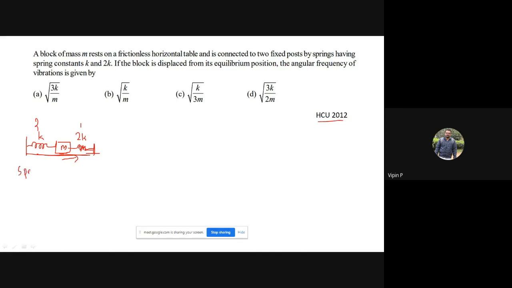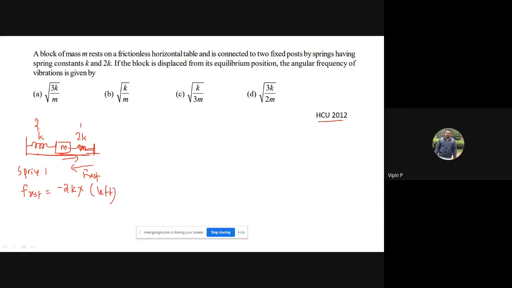If you look at spring 1, a restoring force will be developed towards this direction. This is being compressed towards right, so a restoring force will be developed towards the left. So we have a restoring force which is equal to minus 2kx towards left.